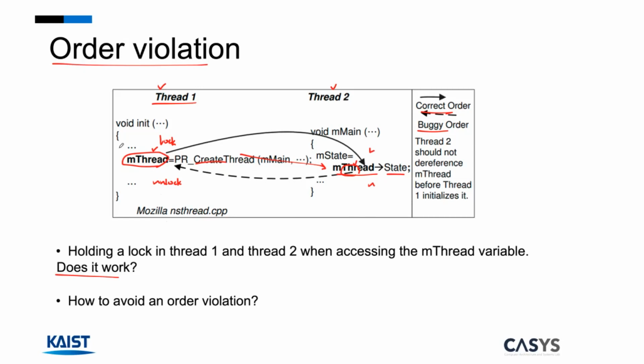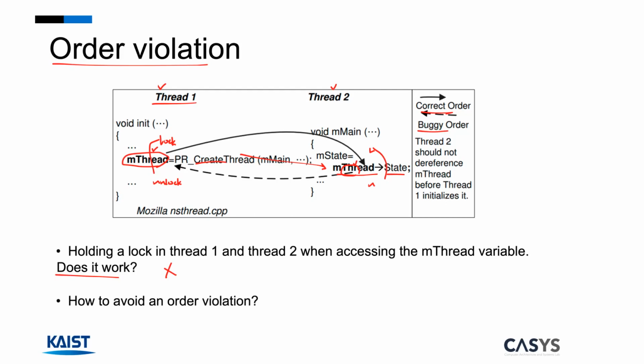If you protect these two threads with the lock, does it solve this order violation problem? What do you think? No, right? Protecting this with a lock only guarantees atomic operation, but it does not say anything about the ordering of these two threads.